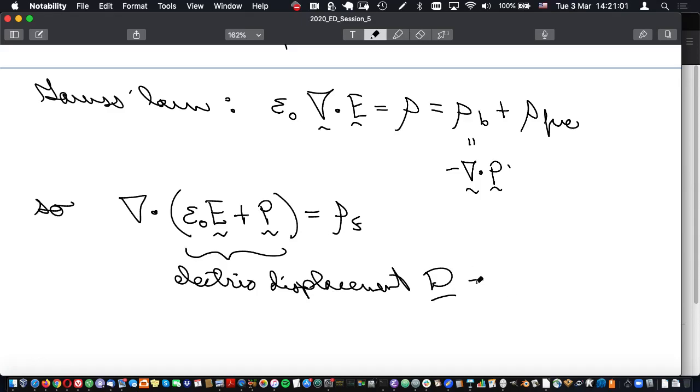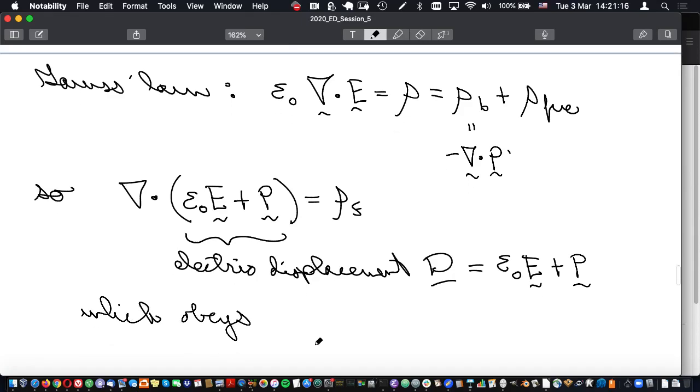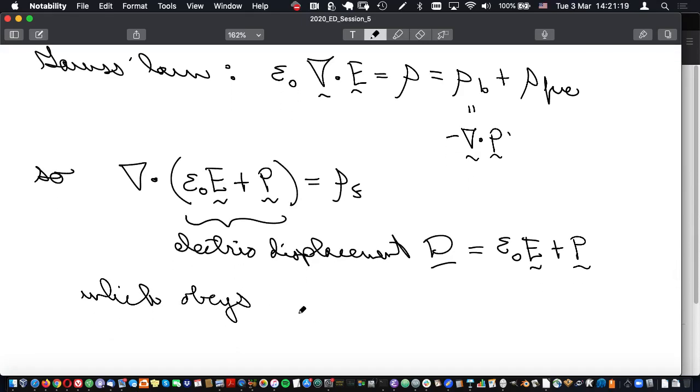So D is equal to epsilon 0 times the electrical field plus the polarization. And this thing then obeys a kind of Gauss-like law. Divergence of D is equal to rho free. I've just put the epsilon 0 there, so it's kind of easy. So this is, if you want, Gauss in matter.